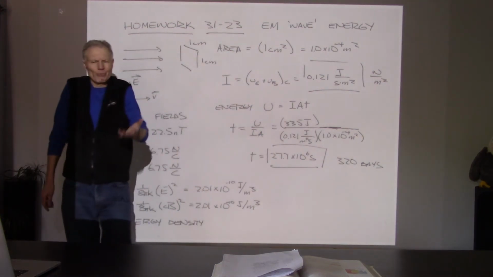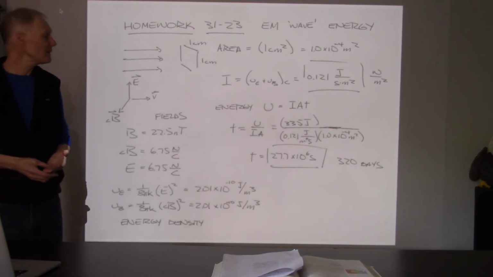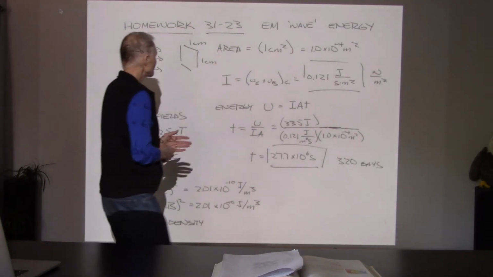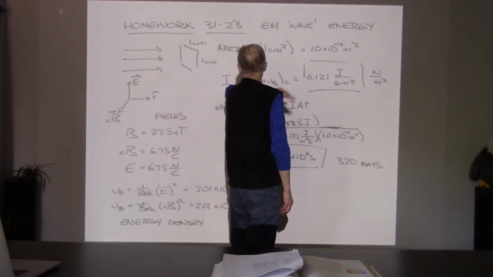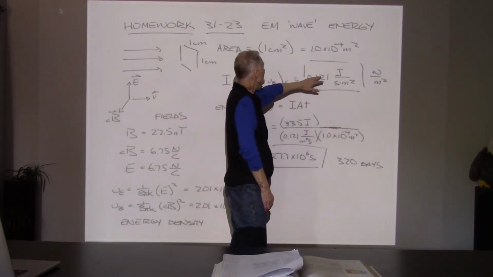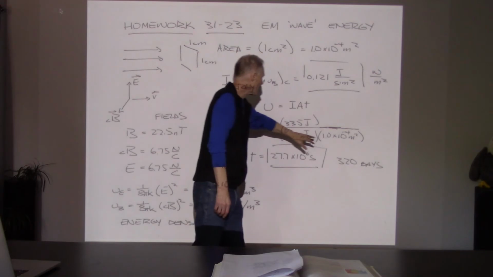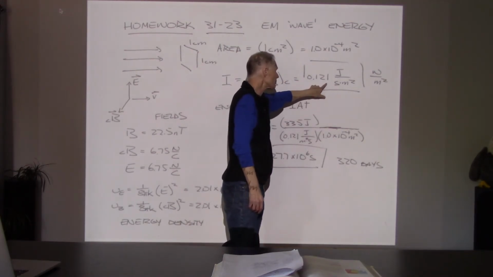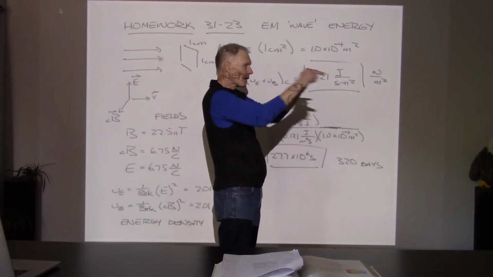Now 335 joules doesn't sound like a tall order. That seems easy enough, except that the intensity of the light coming in, whatever part of the spectrum it's in, is not very much. So I divided through by that intensity, and the area is not much either.